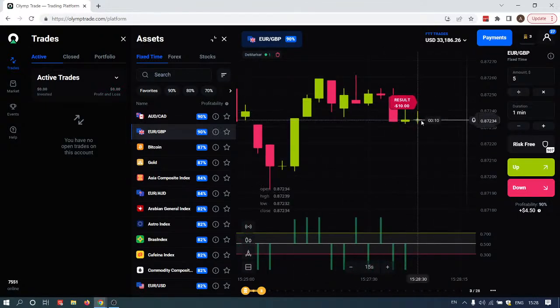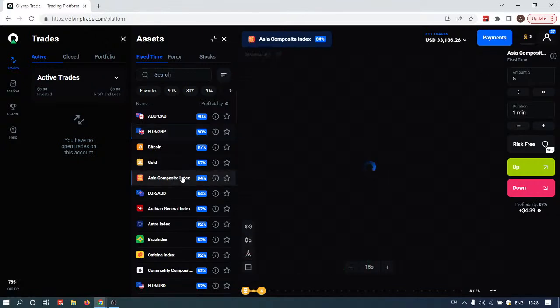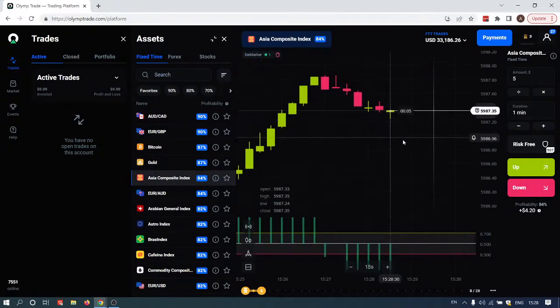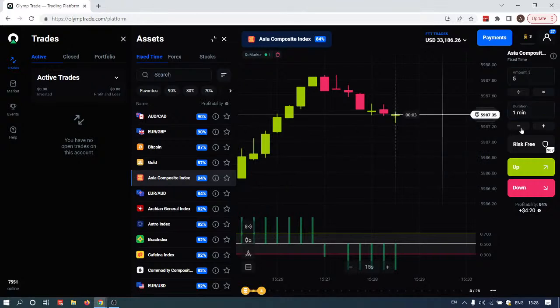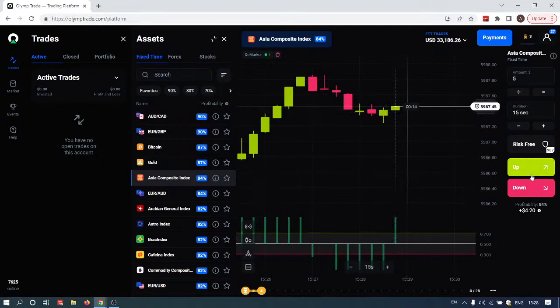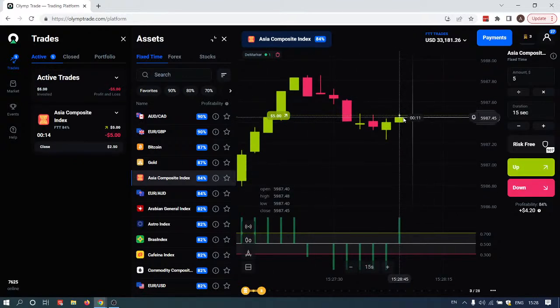When doing 15-second trades, I want to switch to really short expiry. All right, let's go. We have to be quick here. We have a signal and we open an up trade.